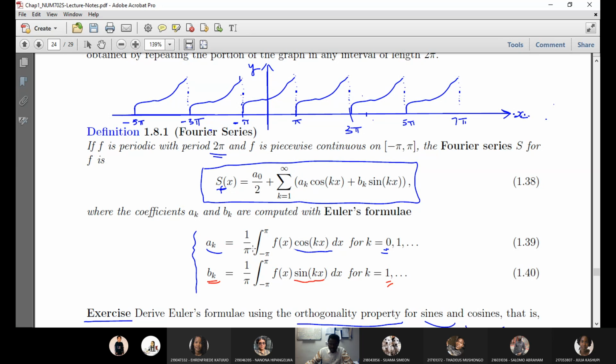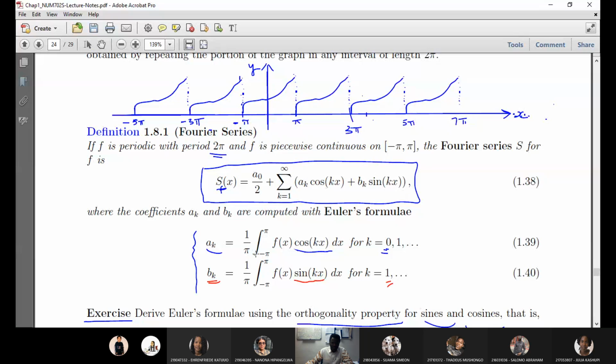Okay, now the other thing you need to know is about this factor and the limit of integration. For the limit of integration, there's no problem, because our function is defined in the interval negative pi to pi. So it's obvious that you also get the same interval here. The limit of integration will also be negative pi to pi.